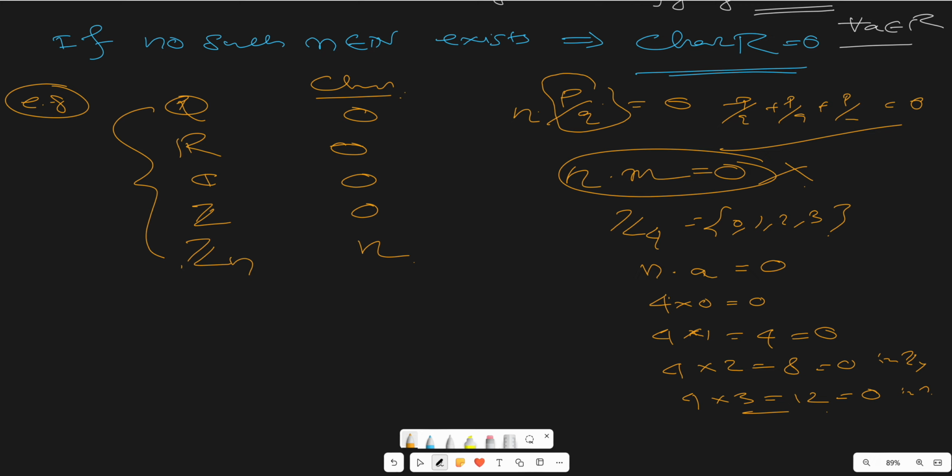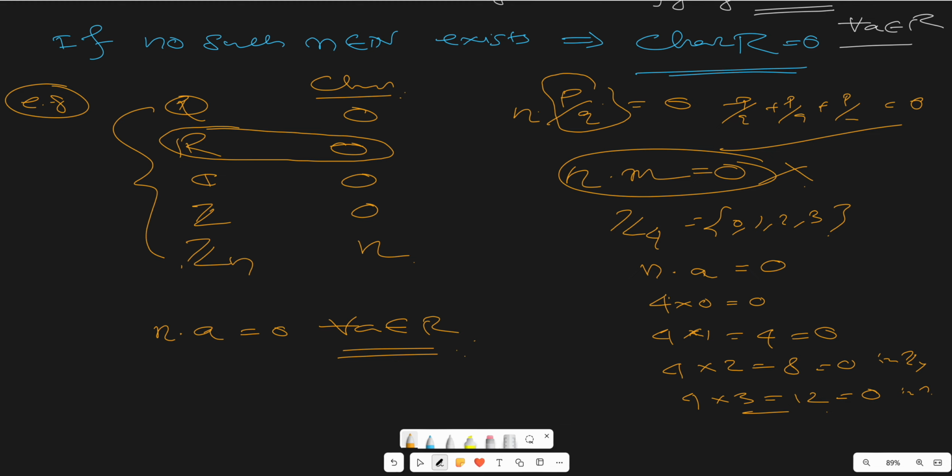These are some examples. So why does R have characteristic 0? Suppose you have a number n here and you have a here, this is 0. Can you find any number n such that for every a inside R it will give 0?